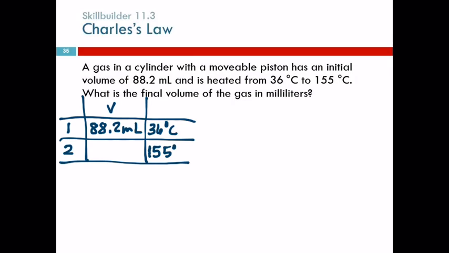Having trouble writing today. What do we need to do to the temperatures? We need to put them into kelvins. So we might as well just do it right now before we forget. We just add 273. So 36 plus 273 is 309, so this is equivalent to 309 Kelvin.